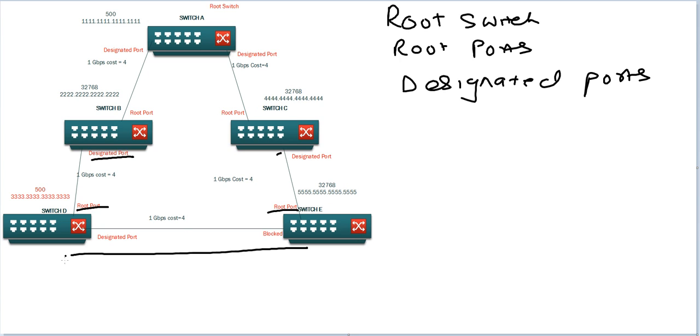How? The designated ports are identified on the basis of cumulative path cost. This port has a path cost to reach switch A of 4, 4 and 4, that goes to 12. Similarly, switch E to reach switch A, the path cost is 4, 4 and 4. There's a tie.